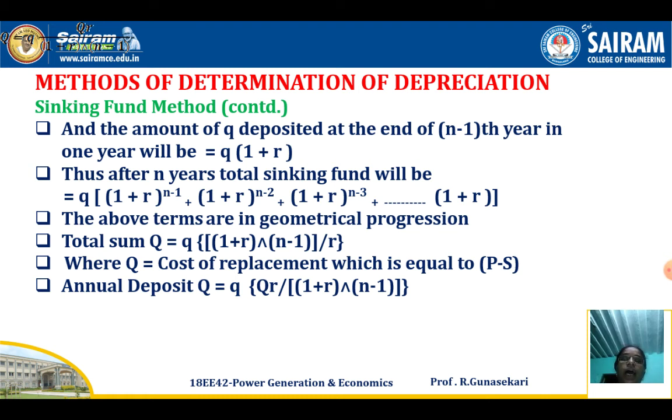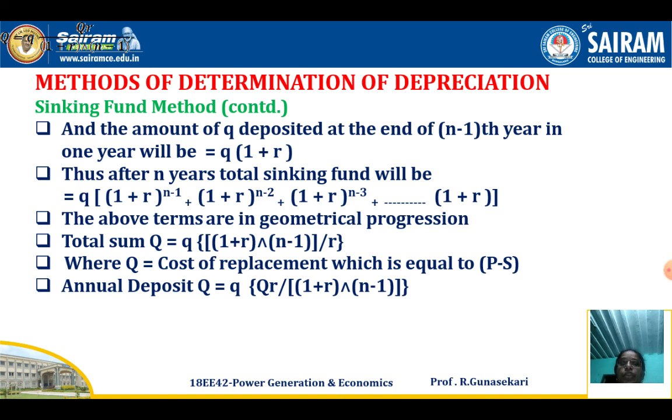So after n years the total sinking fund will be equal to Q into 1 plus r to the power n minus 1, plus 1 plus r to the power n minus 2, plus 1 plus r to the power n minus 3, and the last one is 1 plus r only. The above terms are in a geometrical progression only.